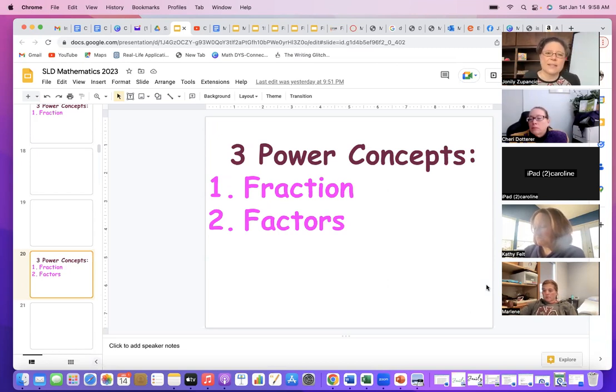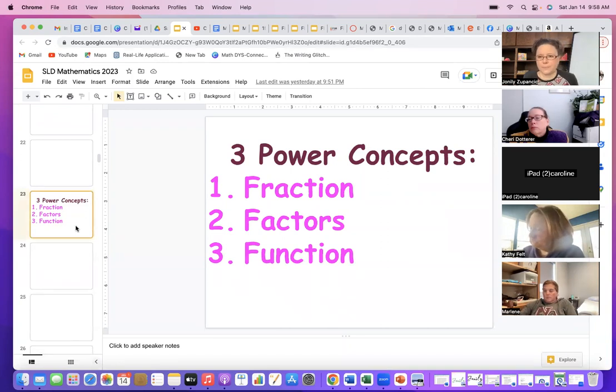When they say math facts, they mean single digit multiplication. So today we're really going to focus on building that fact fluency, but in a conceptual way. I'm going to give you the strategies that you can use in intervention to build single digit fact fluency.